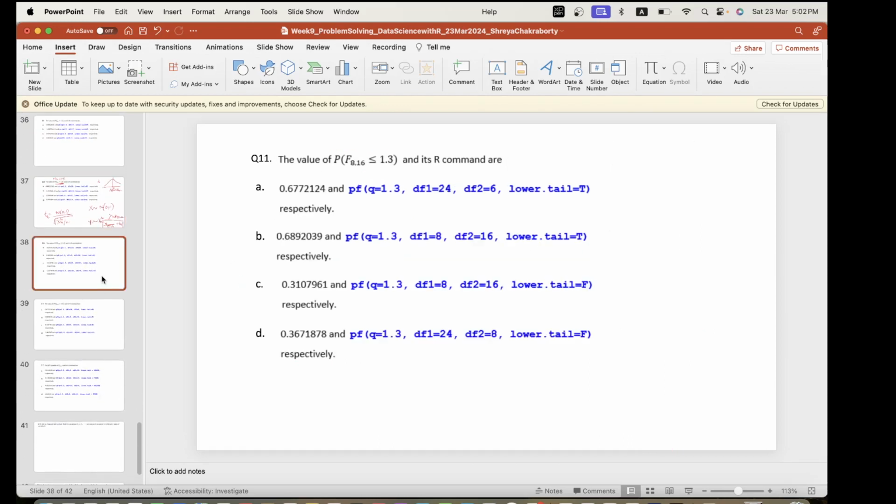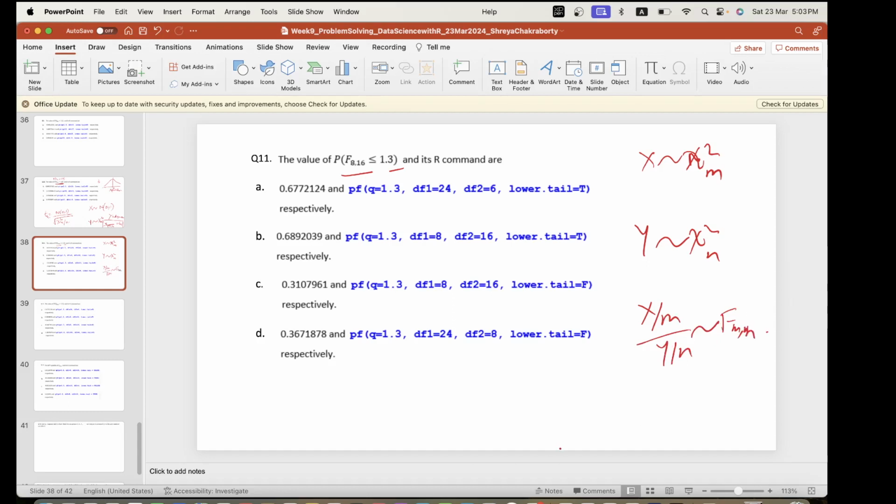So these are some similar questions. And also F statistic is actually a ratio of two independent chi-square distributions. So if x follows chi-square m and y follows chi-square n, then x by m by y by n follows an Fmn distribution.